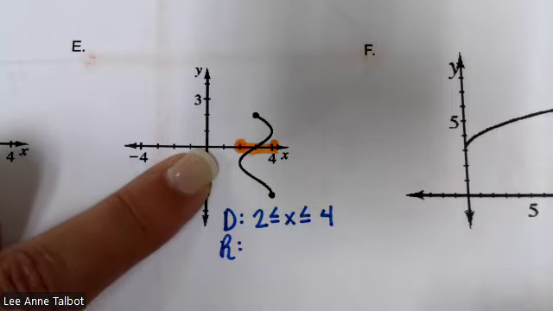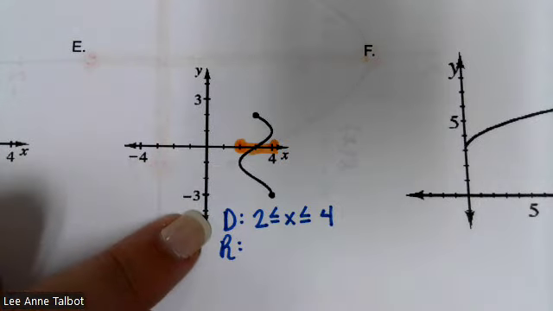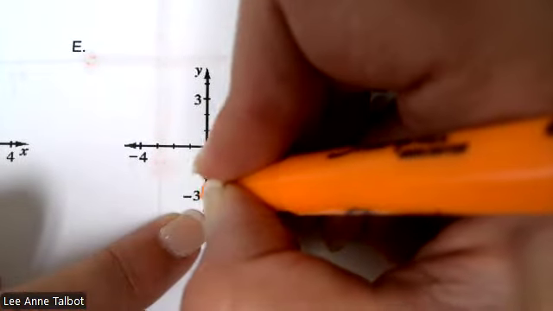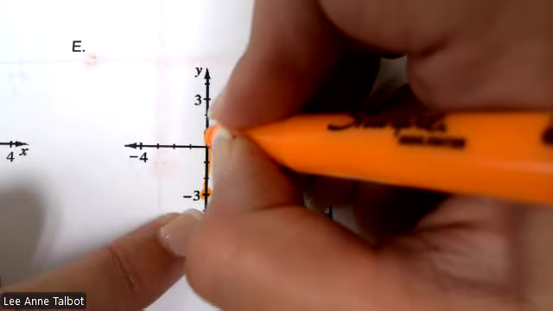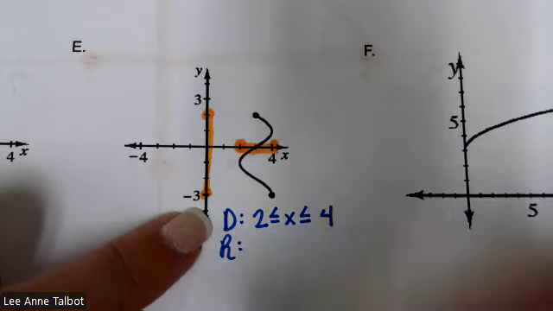Also, just a quick aside, E, is it a function? No, definitely not. Okay, what numbers are the range? -3 to 2.